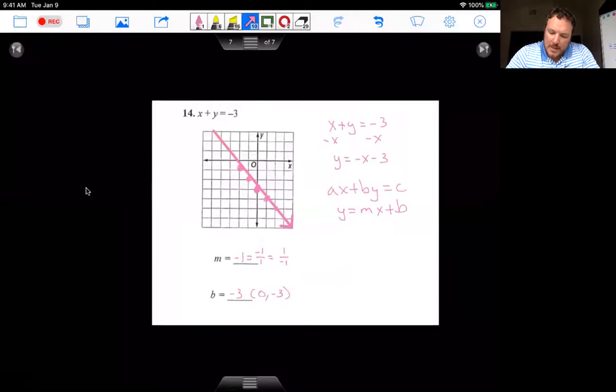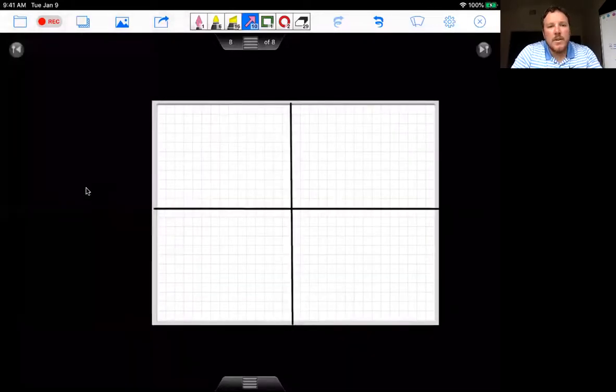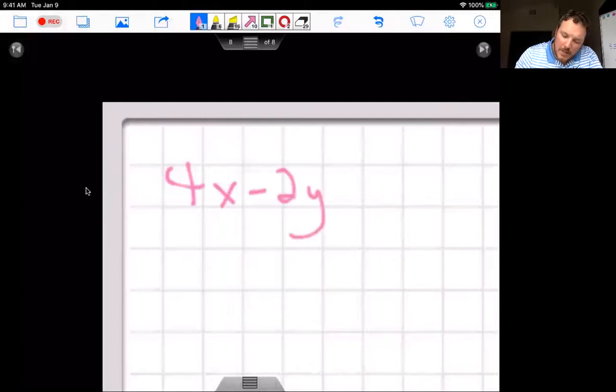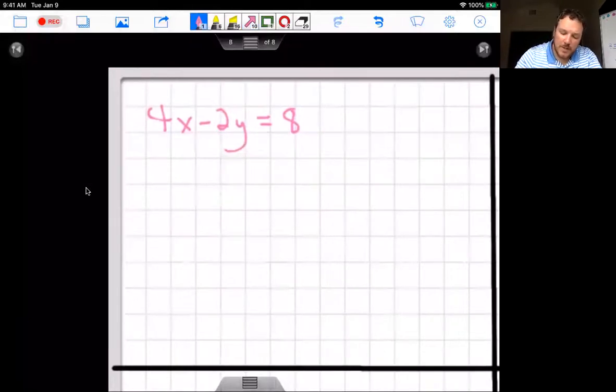I'm taking this next problem from your homework that's due Sunday night, and it's an odds problem, so you don't have it, but I want you to see another graph from when we go from standard to slope-intercept. So if you have 4x minus 2y equals 8, just pay attention, just watch along. You don't have to do anything.